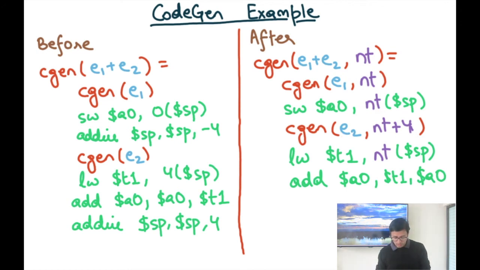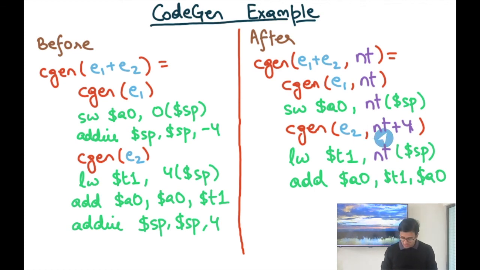And so when I call cgen of E2, I need to be careful because I don't want the computation of E2 to clobber the value that I've saved for E1, and so I basically change my argument to nt plus 4. Which basically means now if computation of E2 requires some temporary space, then it should start from nt plus 4 because the nt is now taken by the value of E1.